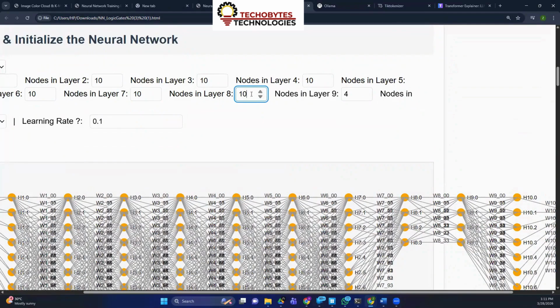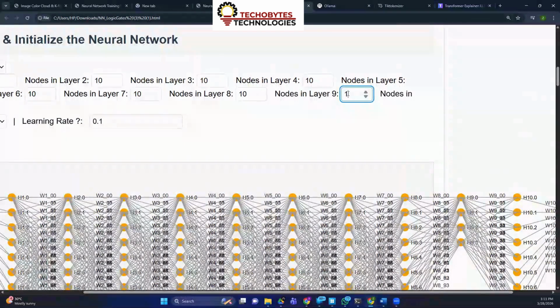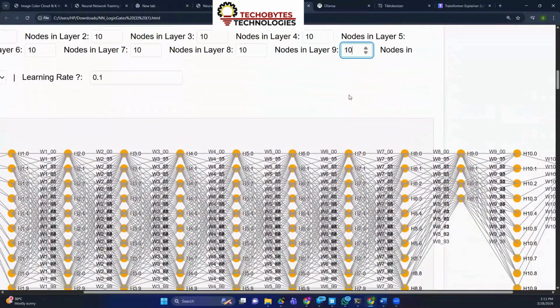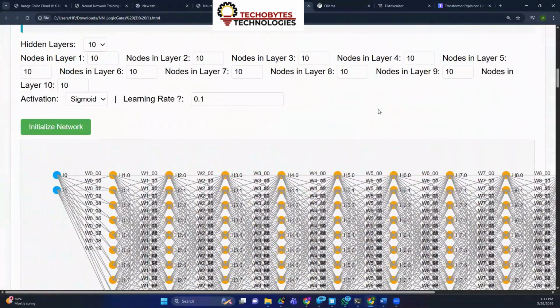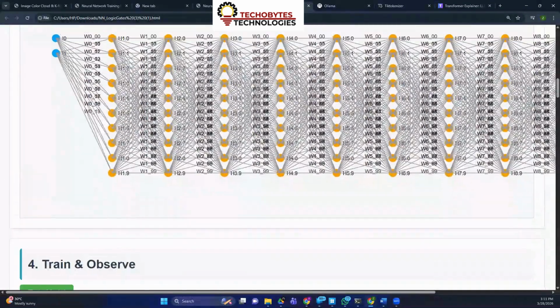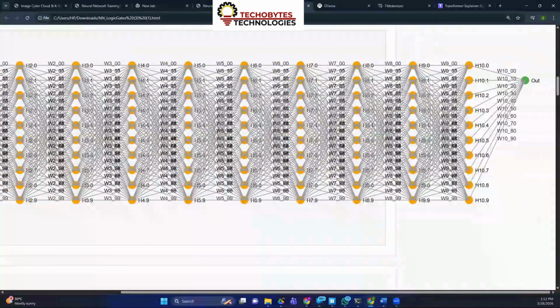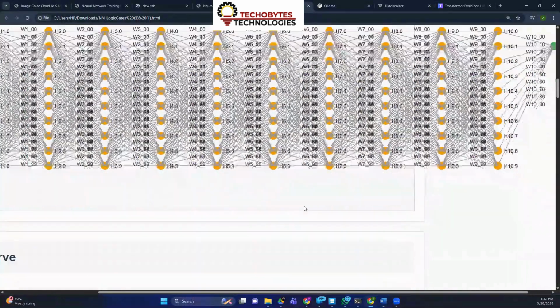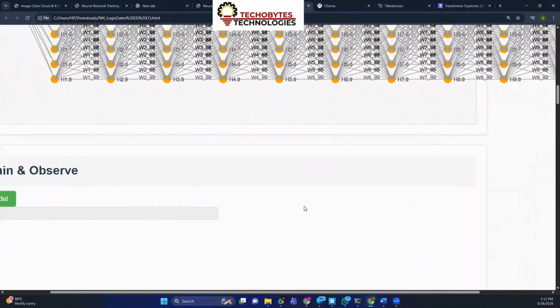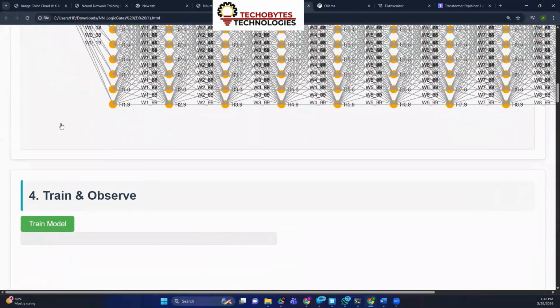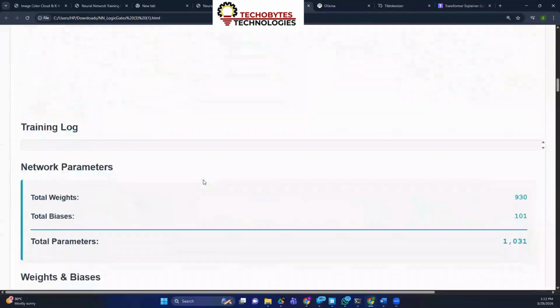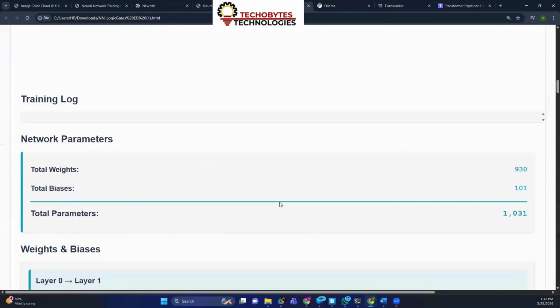In real time, we do not use all fully connected layers because there is a problem called overfitting and underfitting. Such a situation could also happen. This is how big it is. This is how many parameters it shows, that is 1031.